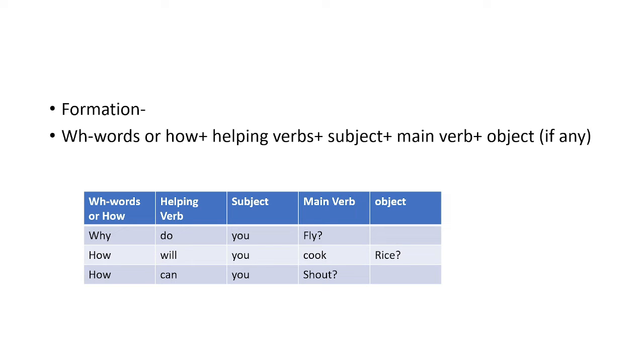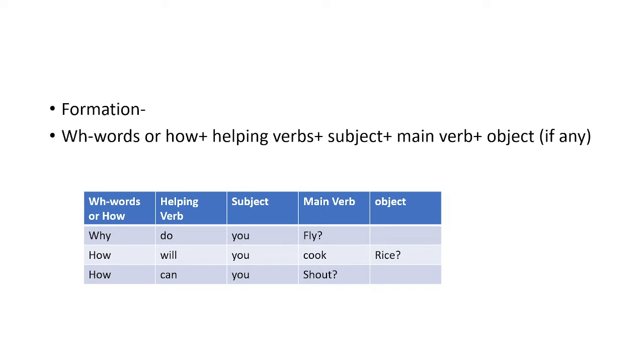So how do you construct open-ended questions? Do you remember the formula of making a sentence? The sentence is made of subject plus verb plus object. So when we create questions, we put the verb before the subject.